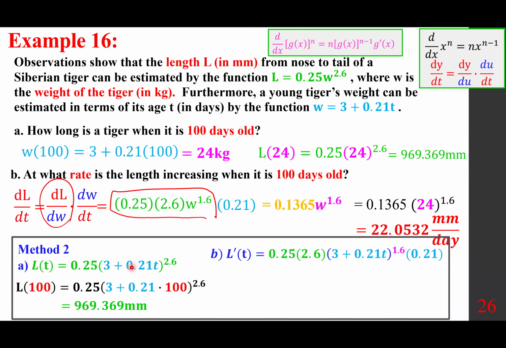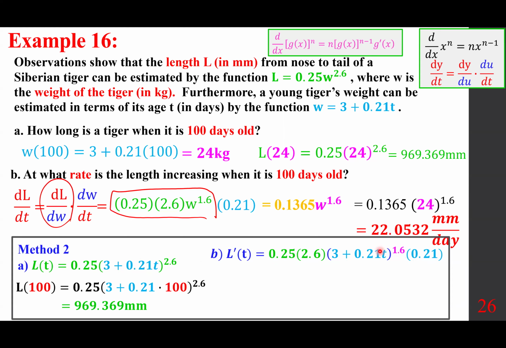Let's recap. We are differentiating this. 0.25 remains. 2.6 becomes the coefficient. The parentheses to the power of 2.6 minus 1 becomes 1.6. By the chain rule, you need the derivative of the parentheses, which is just 0.21.